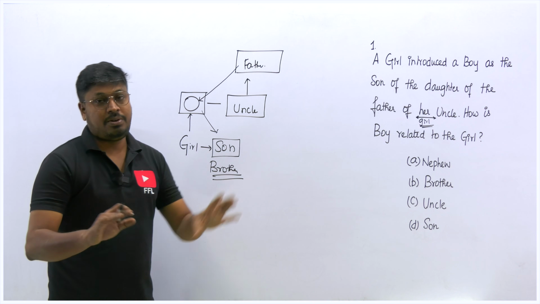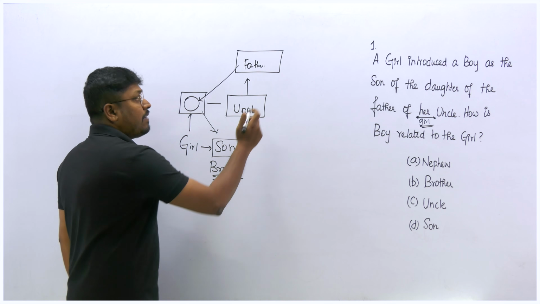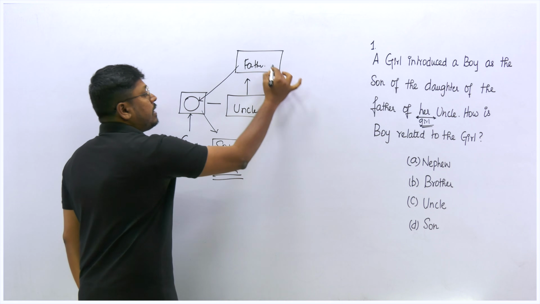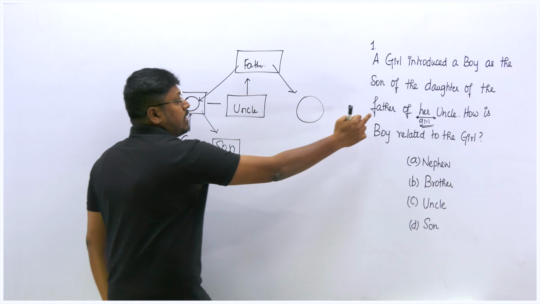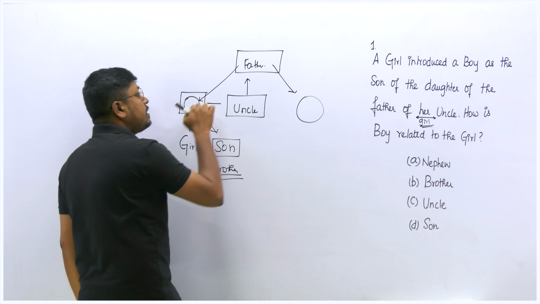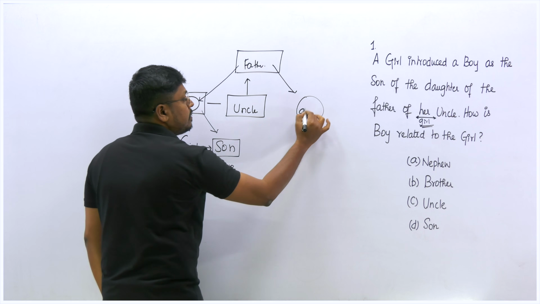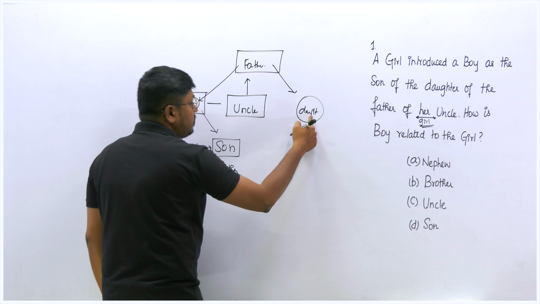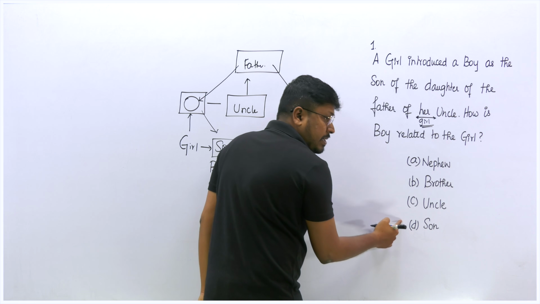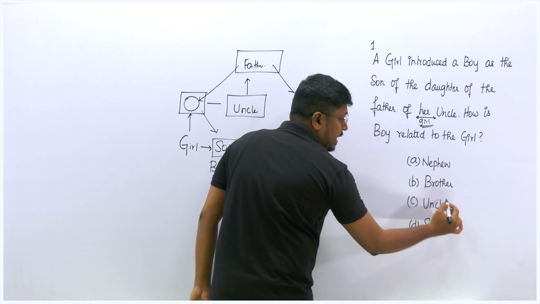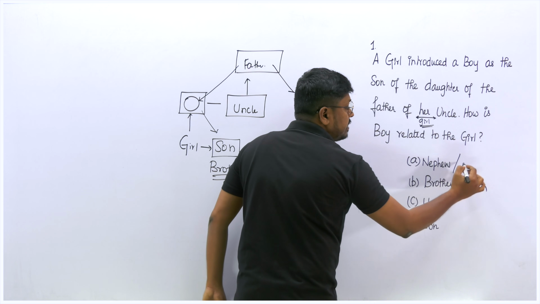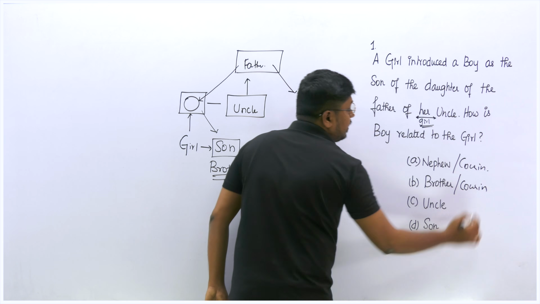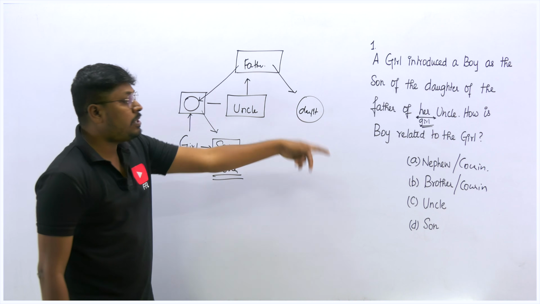Very simple, draw slowly. Many students will have this doubt: why are you fixing it here? Can I fix it? There could be another sister here also, right? Because you can see father, daughter is not the only chance. I can draw here also. Yes, you can. When you should draw is when you look at the options. If the question is like brother or cousin, if the options are like niece or cousin, then you can go with a possible diagram.